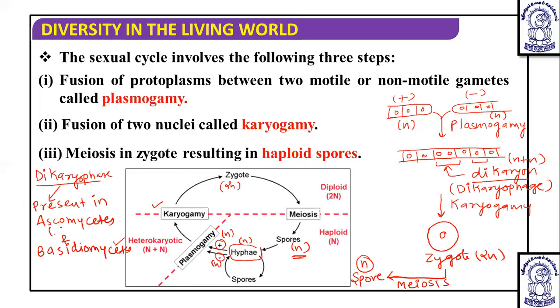In Ascomycetes, this dikaryophase is short-lived, and in Basidiomycetes it is long-lived. Whereas it is absent in Phycomycetes, the aseptate fungi.